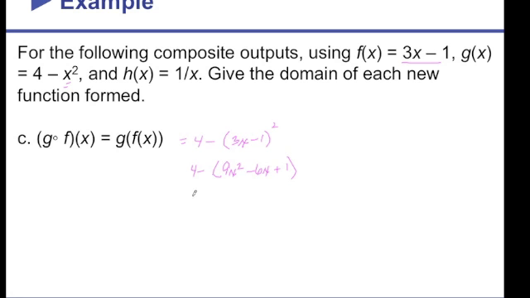Now I need to remove the parentheses, so 4 minus 9x squared plus 6x minus 1. This becomes g of f of x will be negative 9x squared plus 6x plus 3.